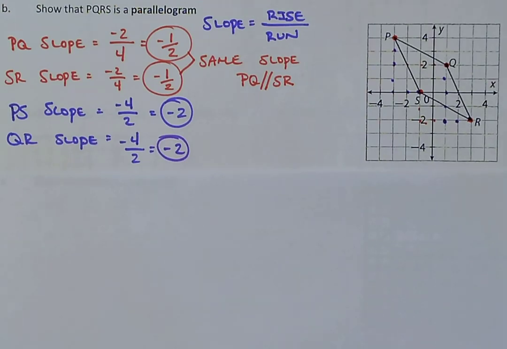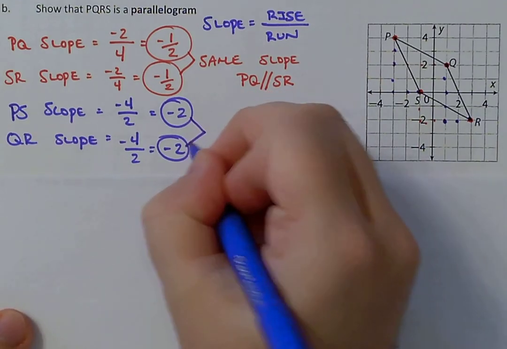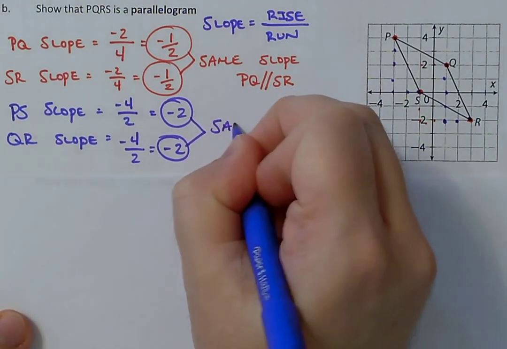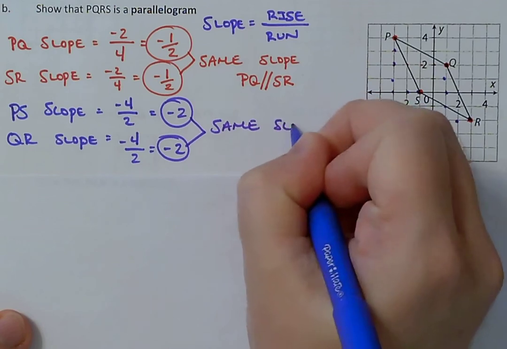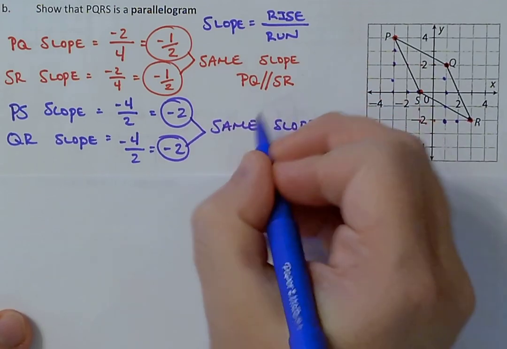So, knowing that, are PS and QR parallel to each other? They are because, again, they have the same slope. And because they have the same slope, we know that these two lines are parallel.